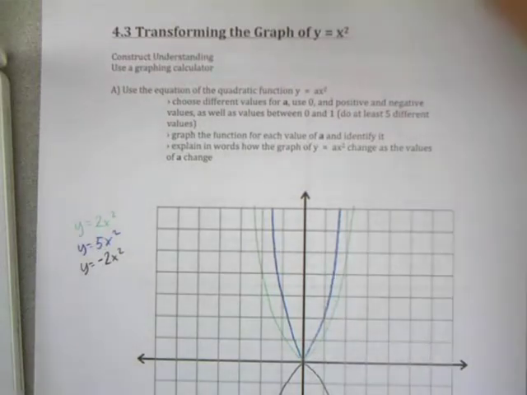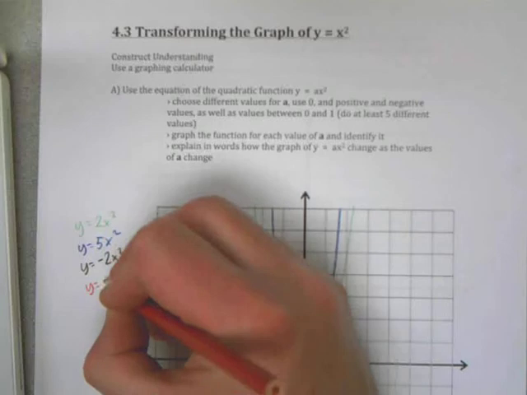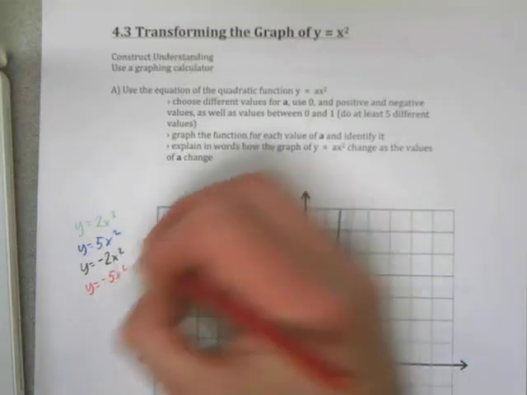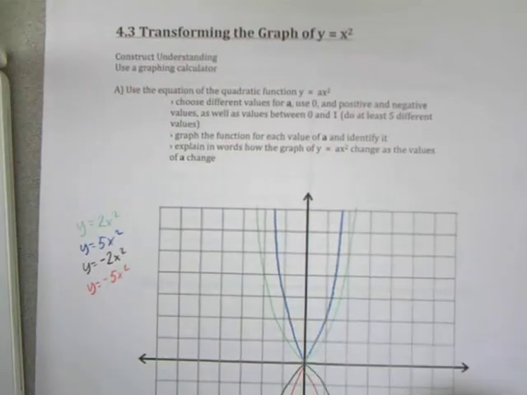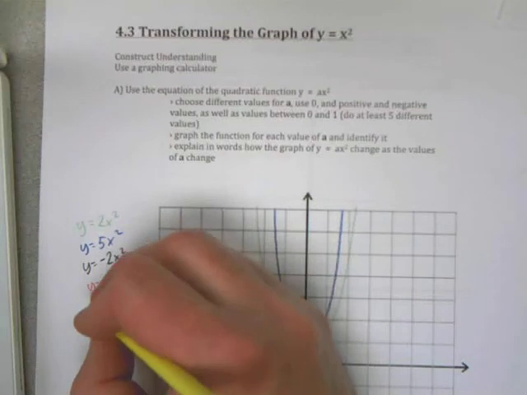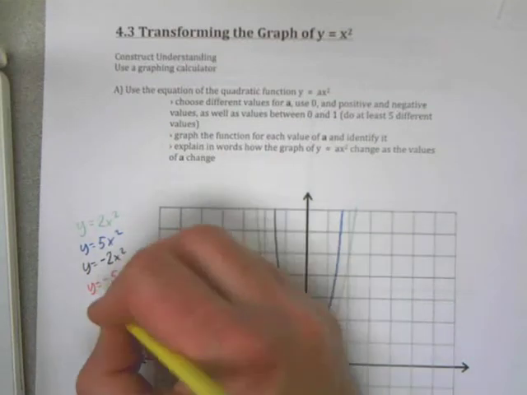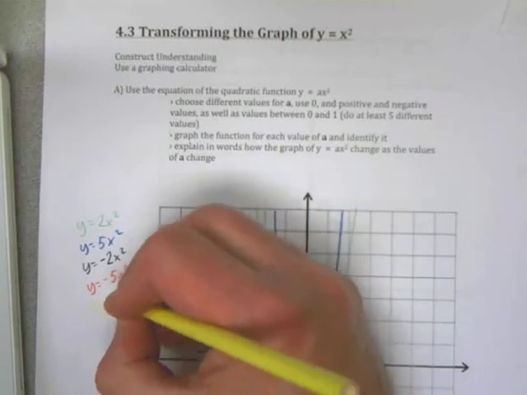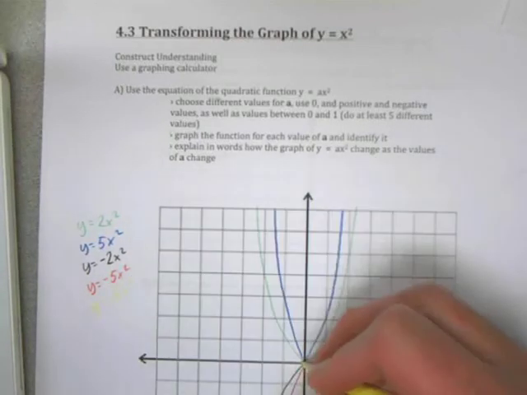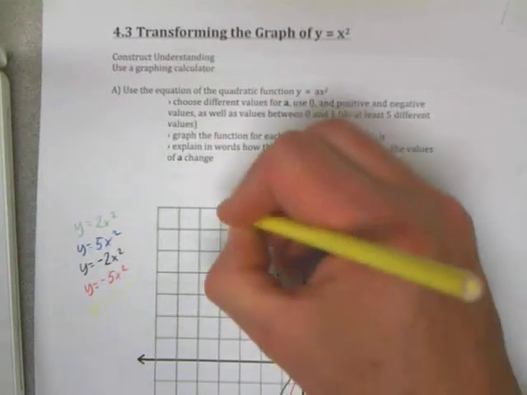And if I plug in y is equal to negative 5x squared, it comes inside it. And then if I plug in y is equal to 0.5x squared, I will notice that it gets wider.